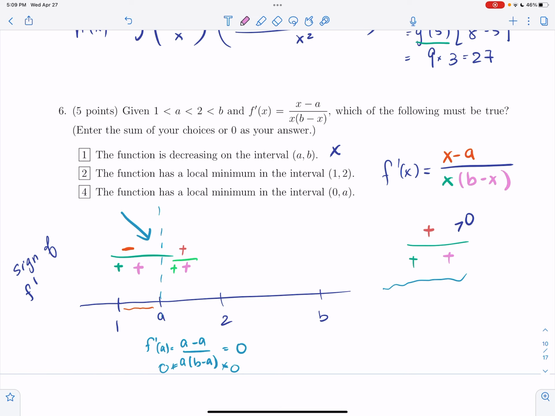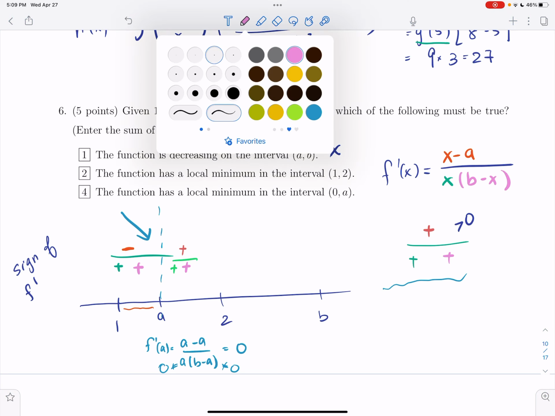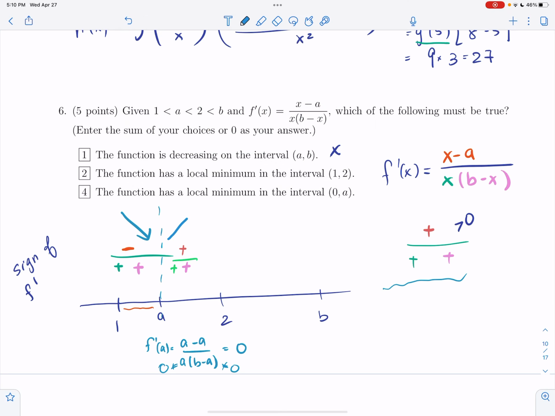So when you have an x between a and 2, the derivative is positive. So f prime is 0, it's decreasing to the left, it's increasing to the right. So by the first derivative test, f has a local minimum in the interval 1 to 2, and in fact that occurs at a.